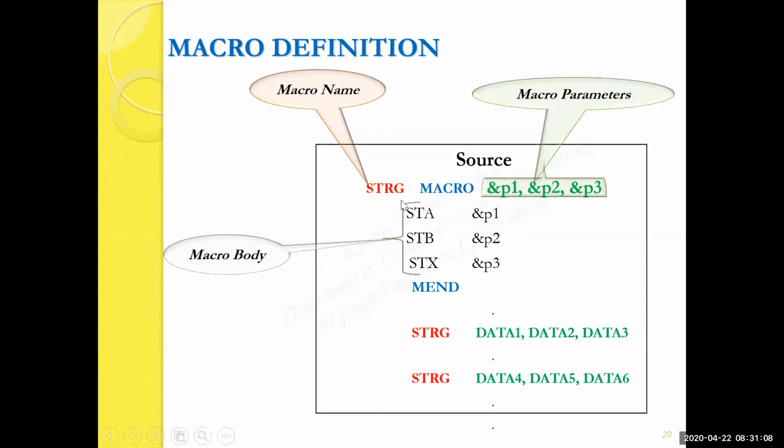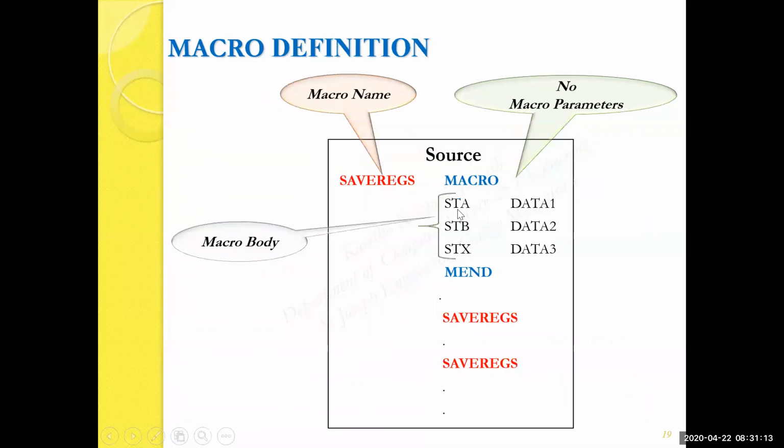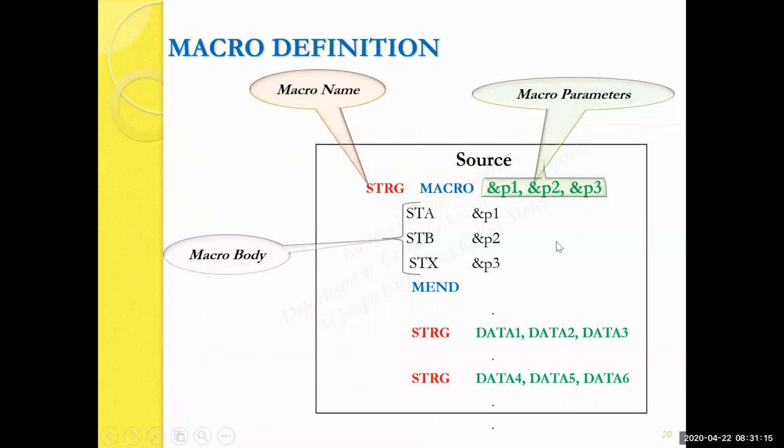The same macro could be defined with parameters such that in the place of data1, data2, data3, we can use parameters P1, P2, P3. So this enables P1, P2, P3 to be replaced with different values depending on how this macro is invoked or referred to in the source program. For example, when we call this macro strg with data1, data2, data3 as arguments, P1 would be replaced with data1, P2 with data2 and P3 with data3.